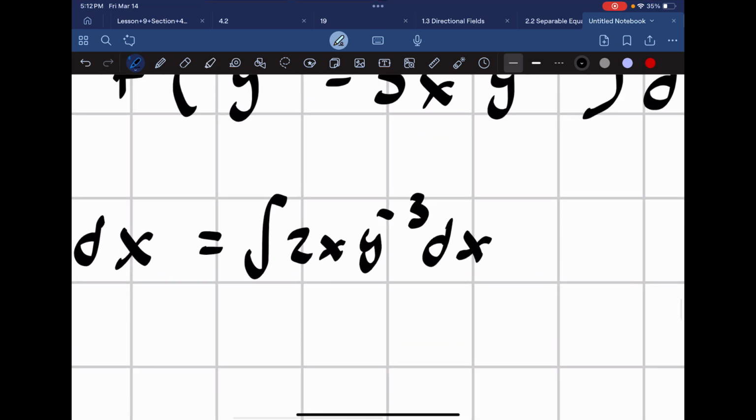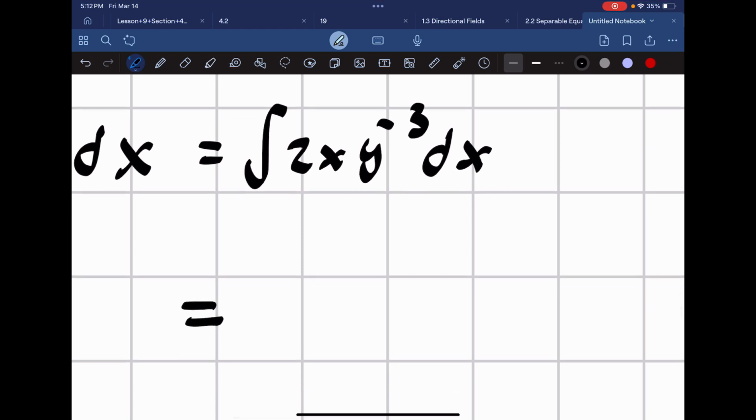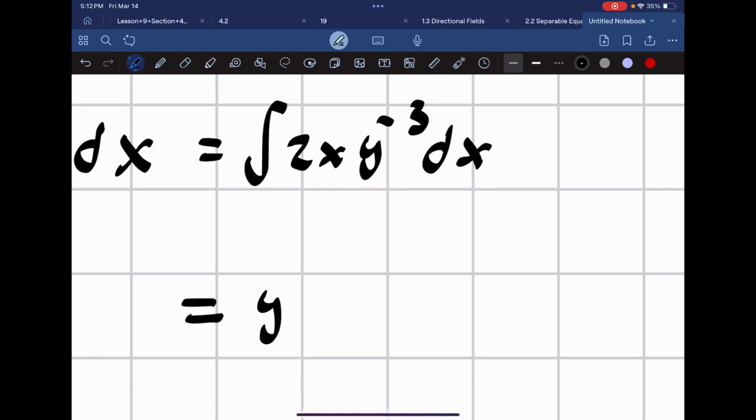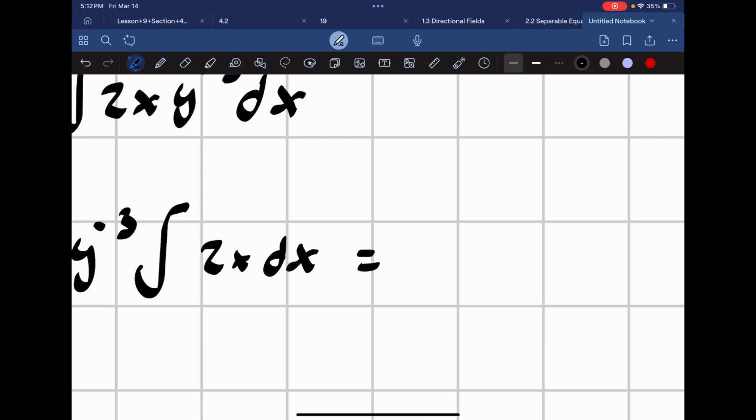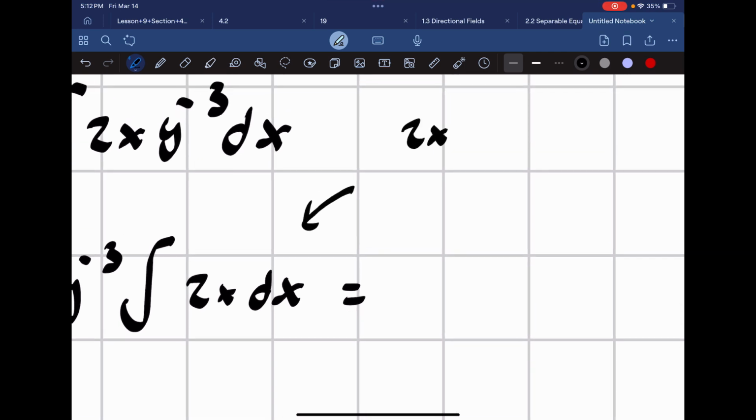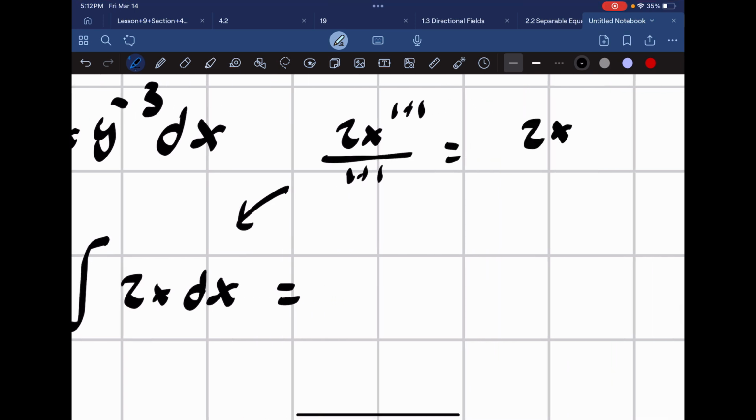As you can see here, this would just equal 2 y to the -3rd times the integral of 2x dx, and the integral of 2x dx would be 2x to the 1 plus 1 over 1 plus 1, that just equals 2x squared over 2, which equals x squared.